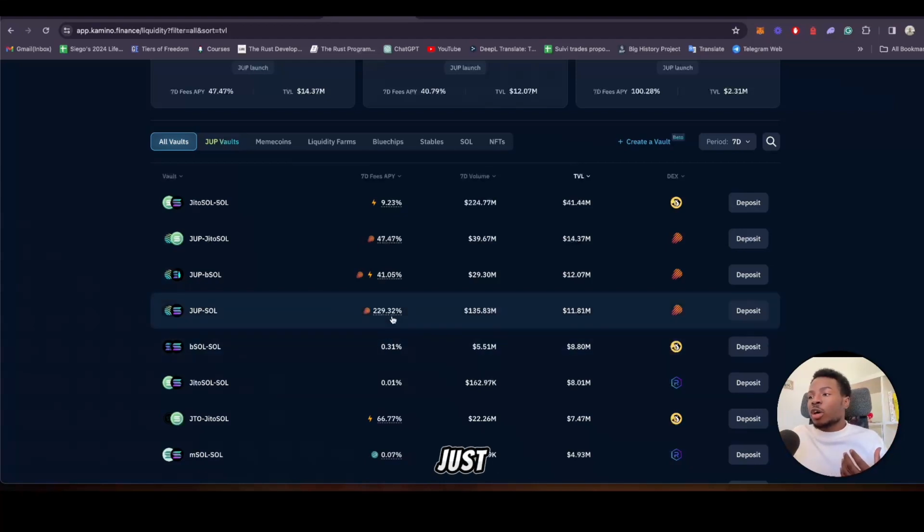For example, if I have some Jupiter and some SOL, I don't just want to leave that sitting in my wallet doing nothing. So what I can do is supply it to some of these pools and start earning yield from that. While I'm holding the coin, I'm also earning an additional yield.